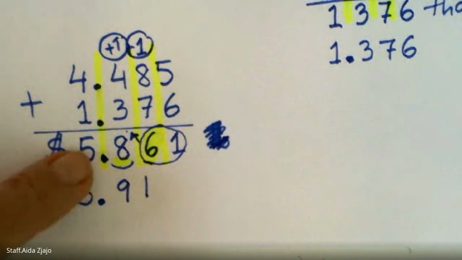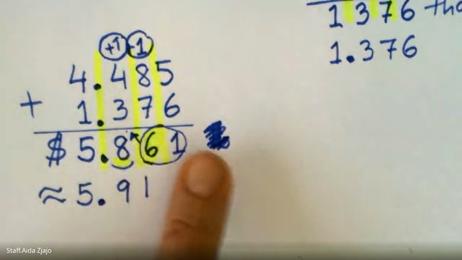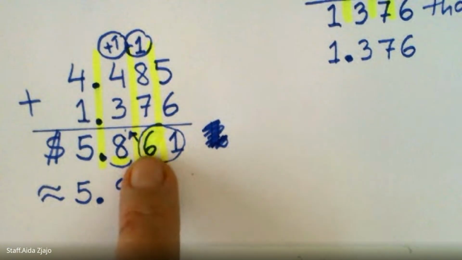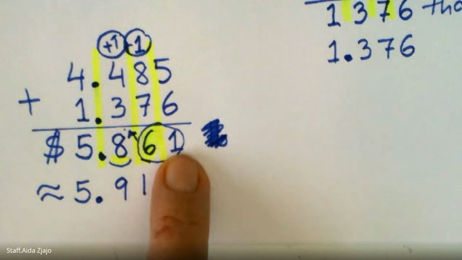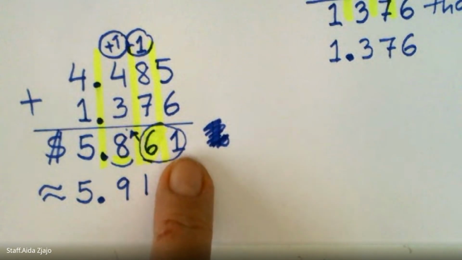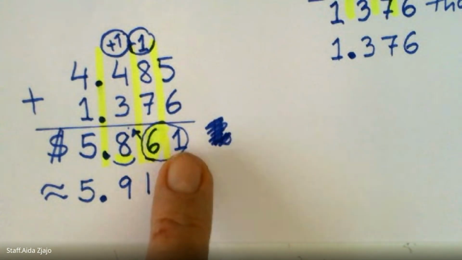If I think that this is $5, 8 dimes and 6 pennies, and then if I have thousandths, those thousandths should represent money. If something is cheaper than a penny, then we would have coins that represent thousandths of a dollar, but we don't. So there's nothing cheaper than a penny.